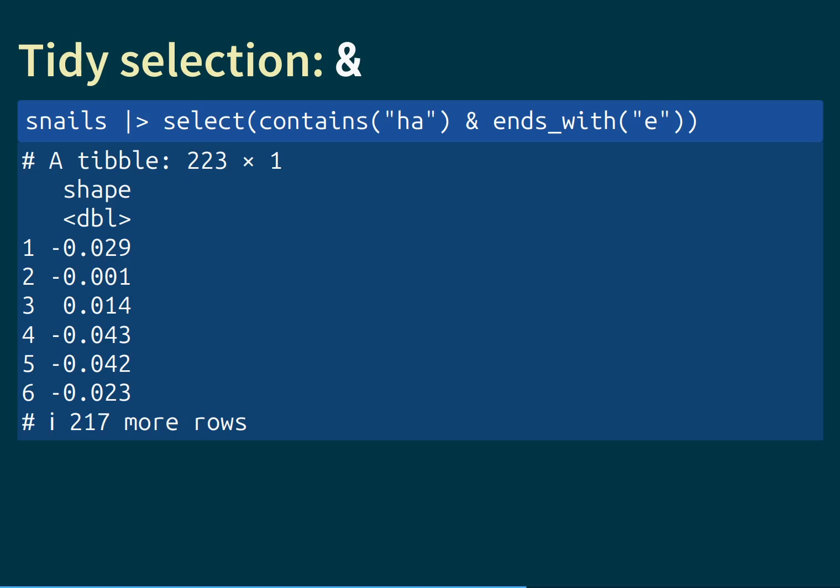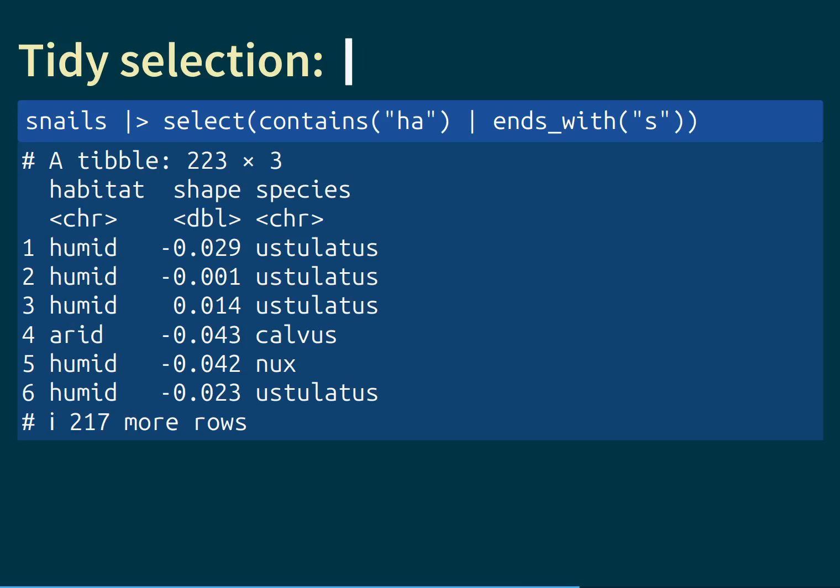The other method of combination is the OR operator, and OR works in a way that it combines 2 conditions such that the columns are selected if they fulfill either one or the other or both of these criteria. Here's again an example.